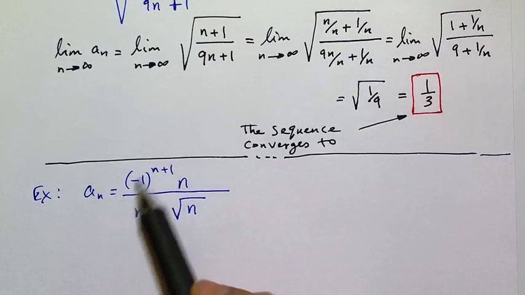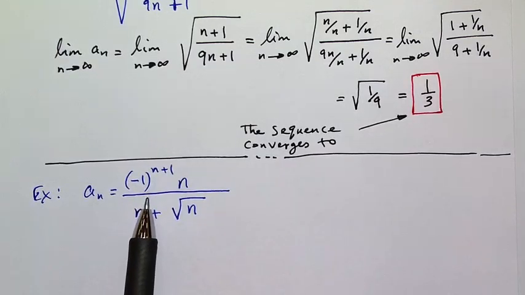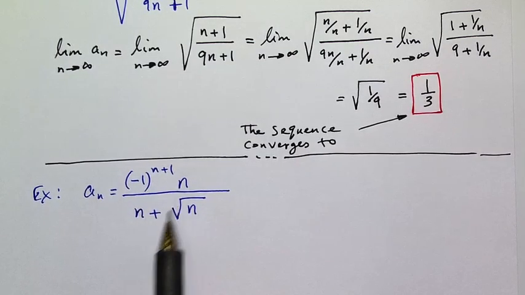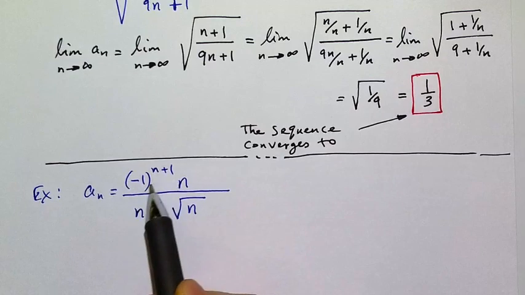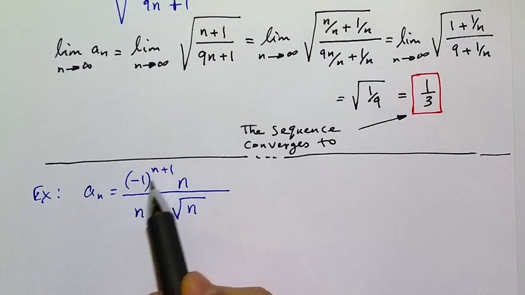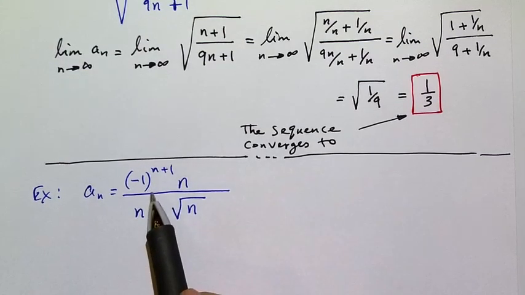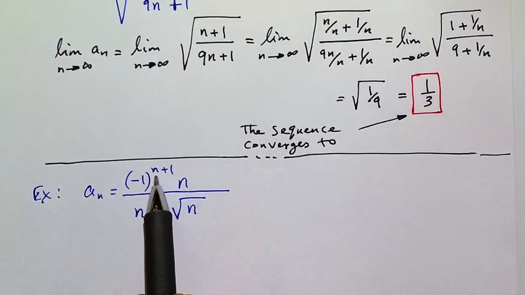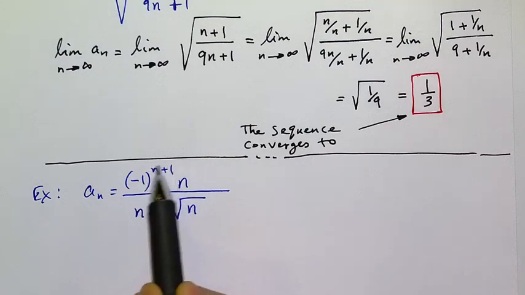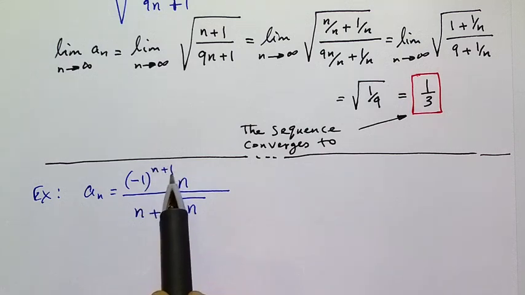So let us then take the limit of this piece. We will worry about this piece later, because this piece of the sequence is simply going to create terms that alternate in algebraic sign, right? So for odd numbered terms in the sequence, if n equals 1, 3, 5, 7, we will end up with an even power when we add 1 to it.